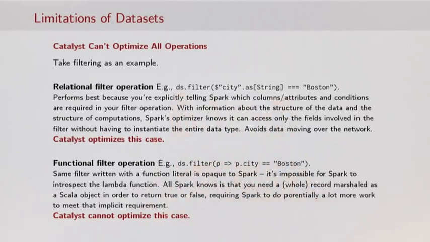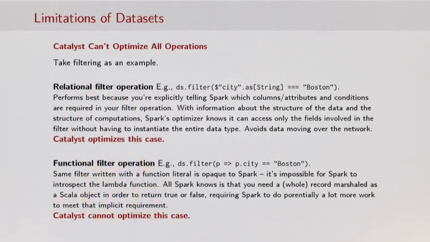So if we focus on a filter that looked like this, because we have the structure of the data and the structure of the computation, we can see into everything. We can see the data, we can see the computation. Then Spark's Optimizer can know that it only has to access certain fields involved in that filter and skip over lots of other ones without actually having to instantiate the entire data type. So that's why Catalyst is good at optimizing this case.